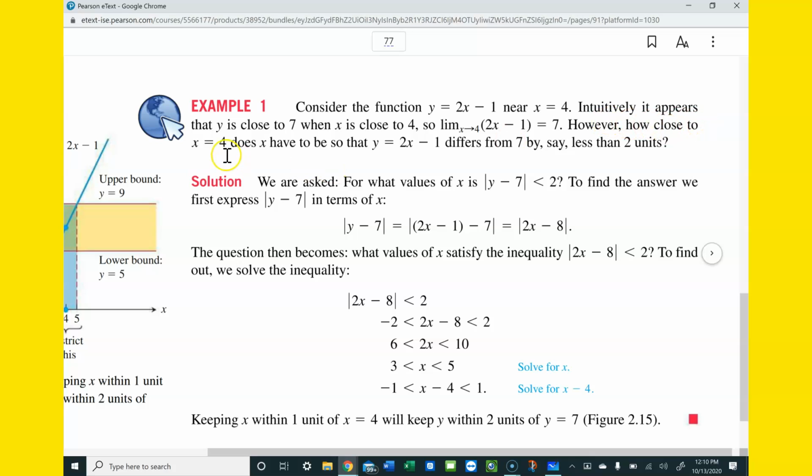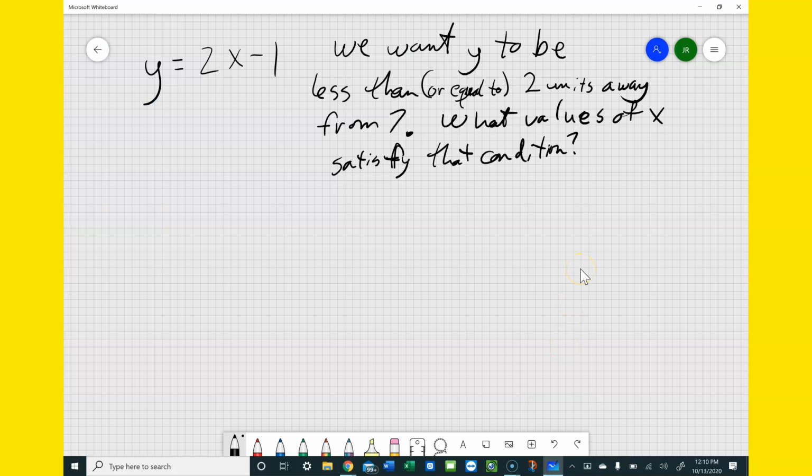How close to x equals 4 does x have to be so that y, which equals 2x minus 1, differs from 7 by, say, less than 2 units? Okay, let's go back to it. So y differs from 7.